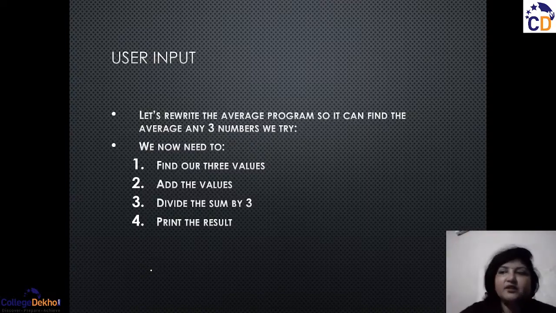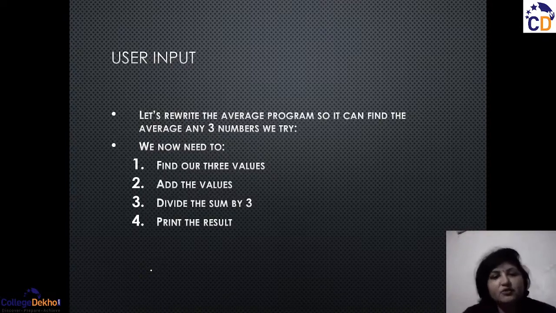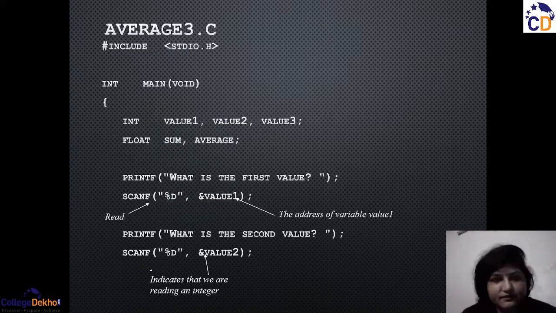And then divide it by 3, right? And then you print the result. This is how you have the steps, the logic behind that. The logic is basically that you first find the three numbers, add them, divide by 3, and then just print the result.